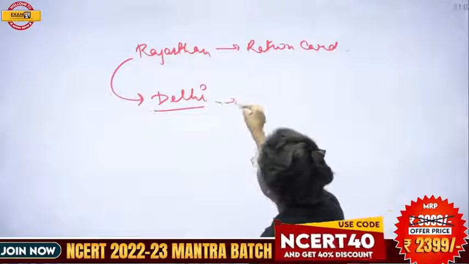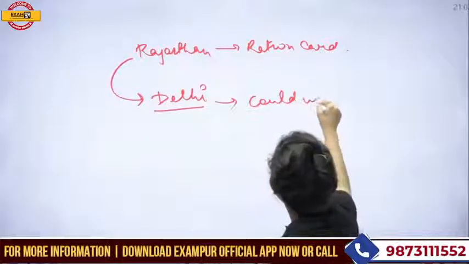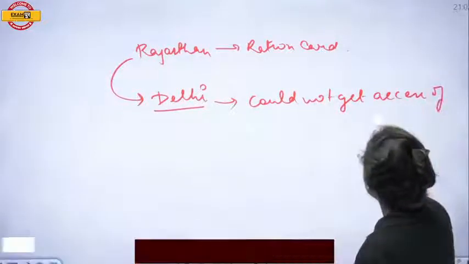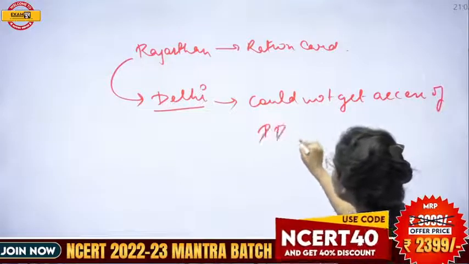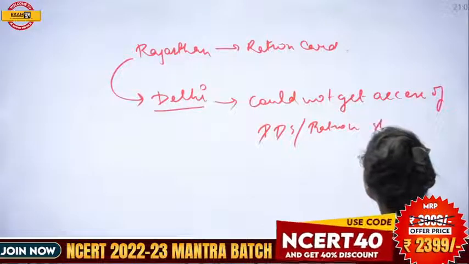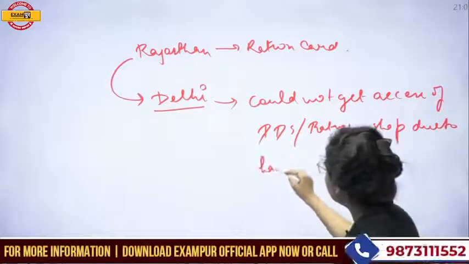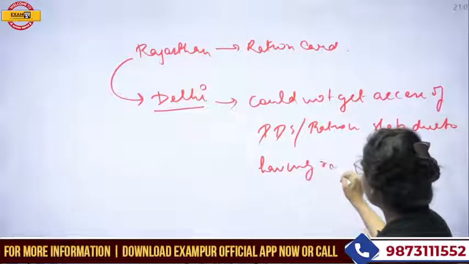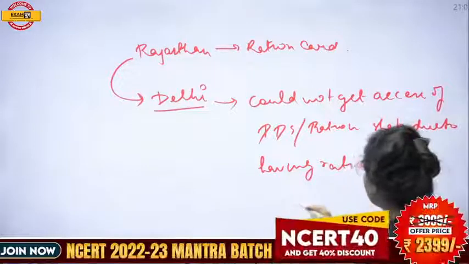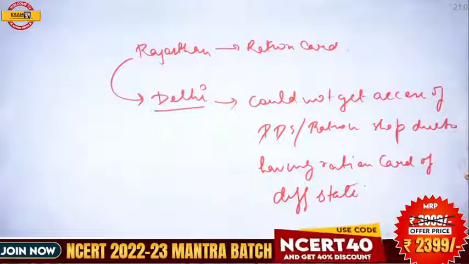If I have moved to Delhi, I could not get access to PDS or ration shops due to having a ration card of a different state. I hope this is very much clear.